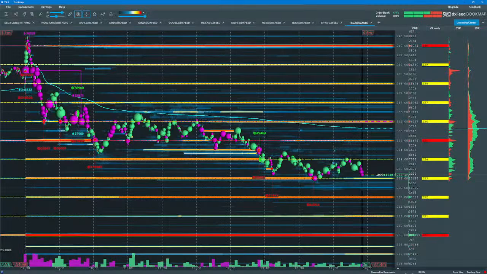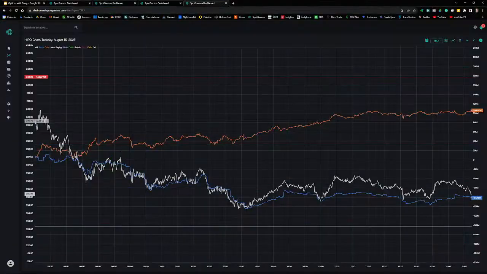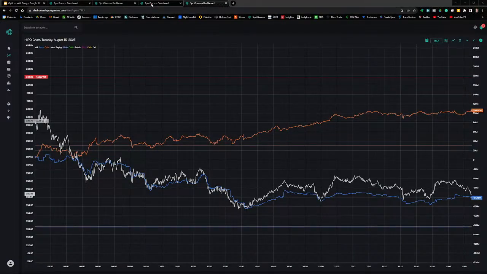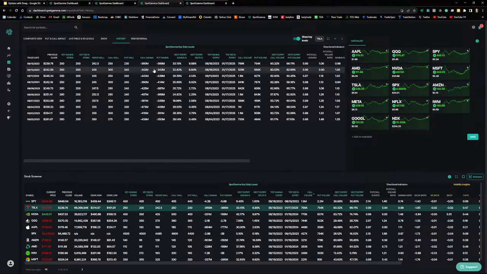Let's go back to Bookmap. Let me just show you what I'm talking about for Tesla in Equity Hub. There's Tesla. This shows the 10-day history of all these key daily levels.